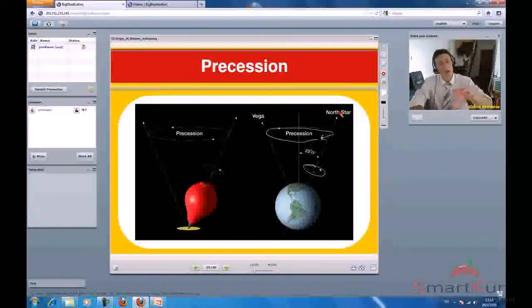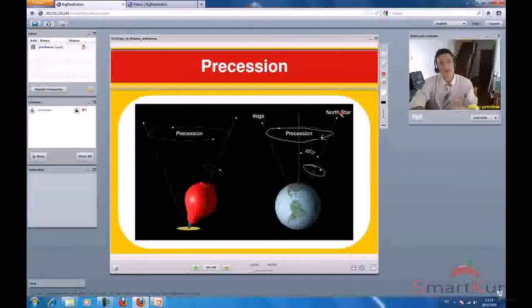Right now, the Earth's axis of rotation points to the North Star, Polaris. That's why no matter what season it is, no matter what time of the year it is, no matter what time of day it is, the North Star is always due north.